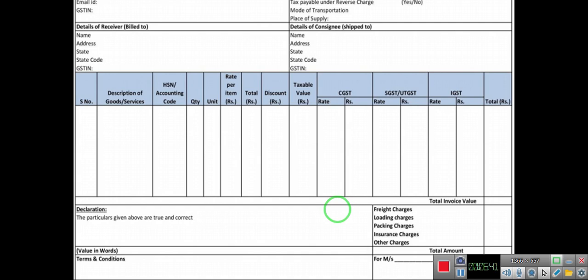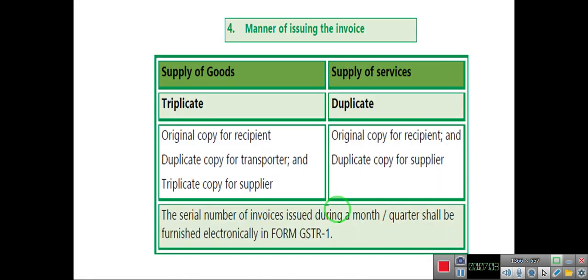Apart from that, the description of goods and services, HSN code of the goods, SAC code of the services, quantity, unit, rate per item, total, discount, taxable value and the type of GST. So these kinds of information will be included in a tax invoice.